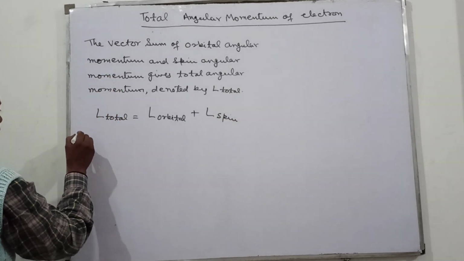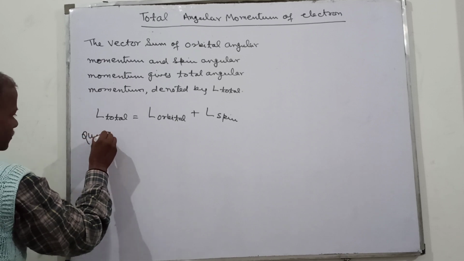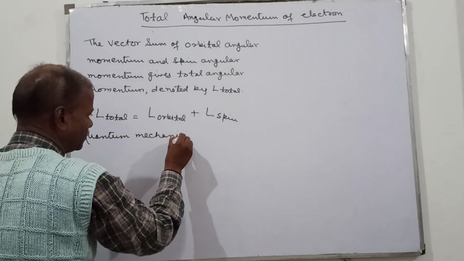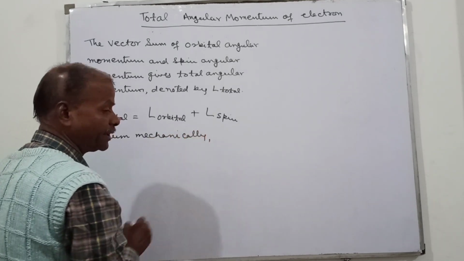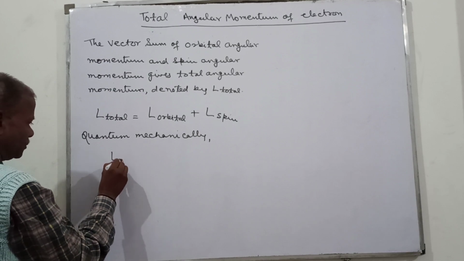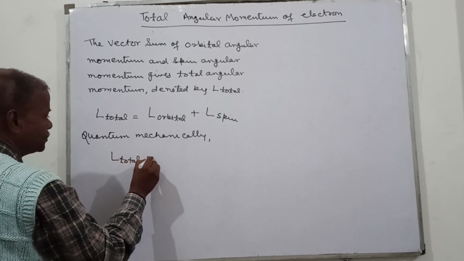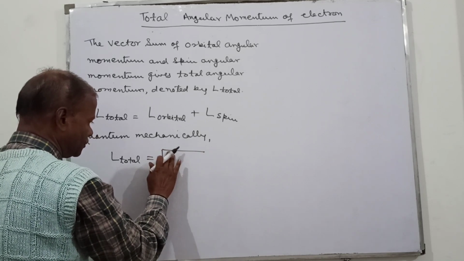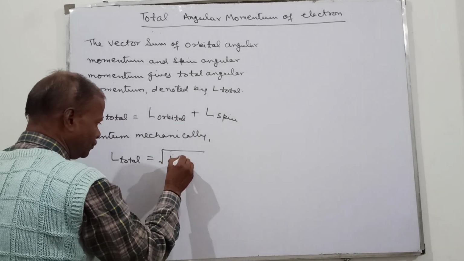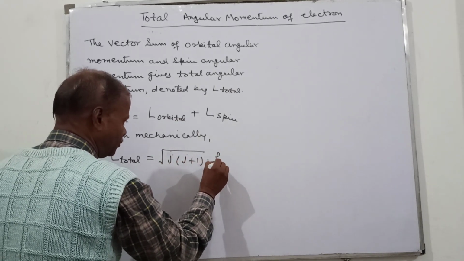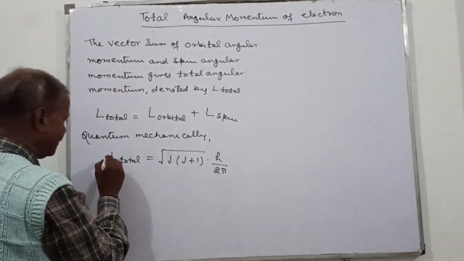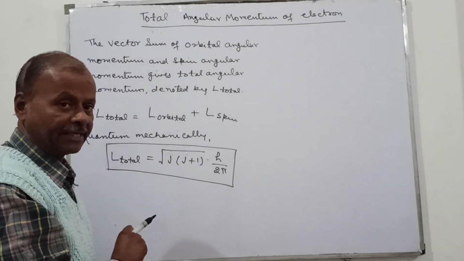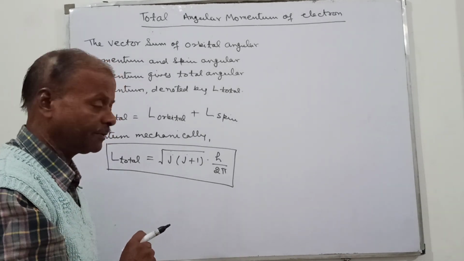So quantum mechanically, this L total is equal to square root of J into J plus 1 into h upon 2 pi. And J is the total quantum number.